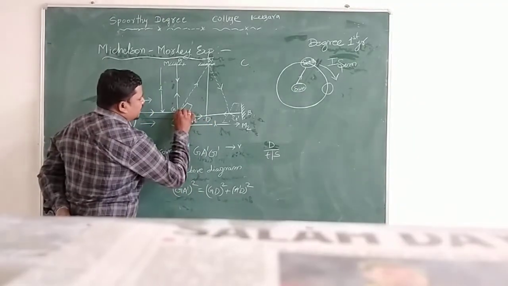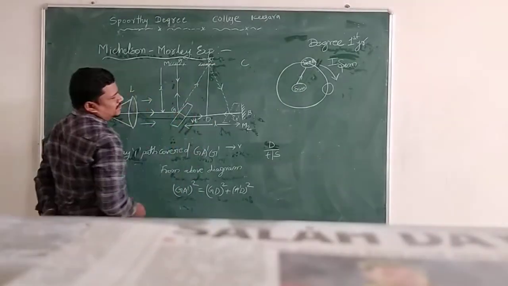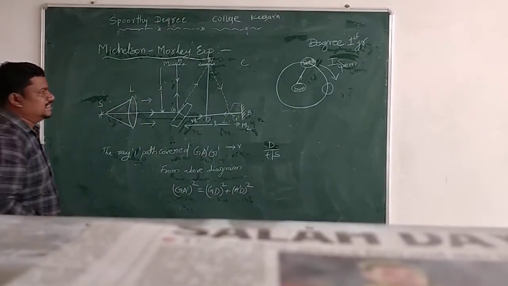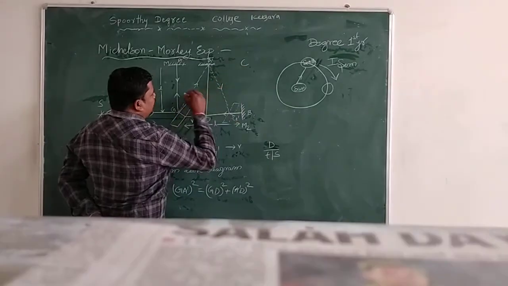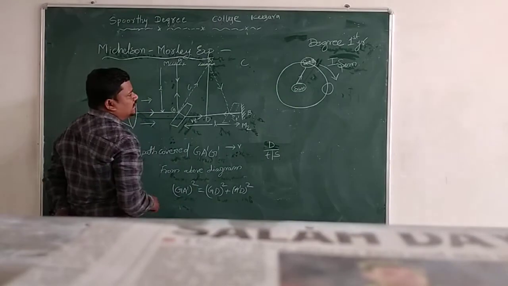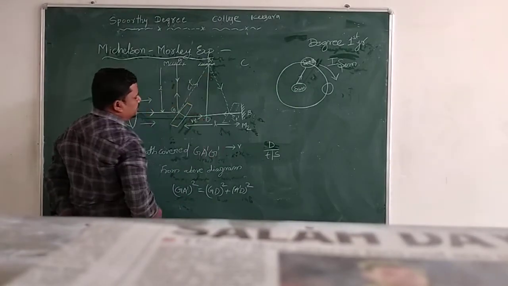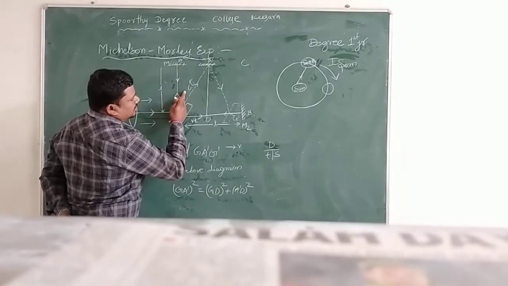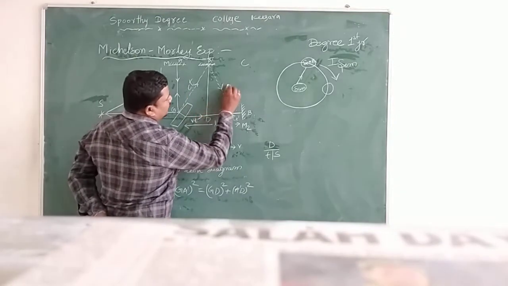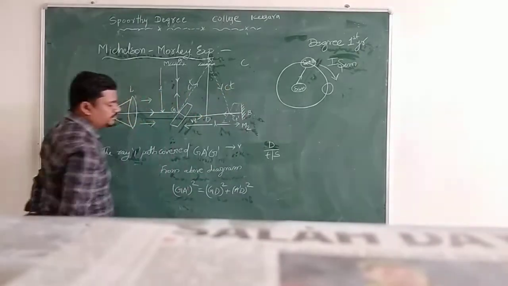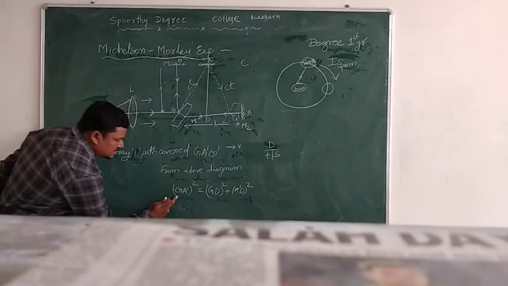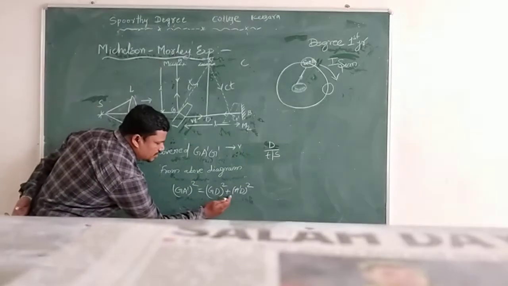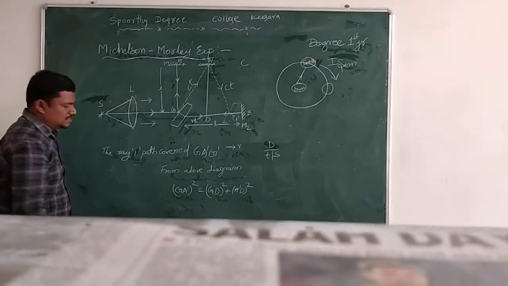Then the ray is traveling, that is the optical path. The velocity of light c, time t, so ct. Then G A dash D is also the same right angle. Here G A dash square equals G D square plus A dash D square.